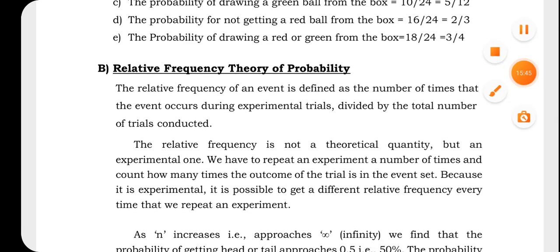Next theory is relative frequency theory of probability. Generally, relative frequency of an event is defined as the number of times that event occurs during experimental trials. While tossing a coin, we say that there is a 50% chance of getting head and 50% chance of getting tail.